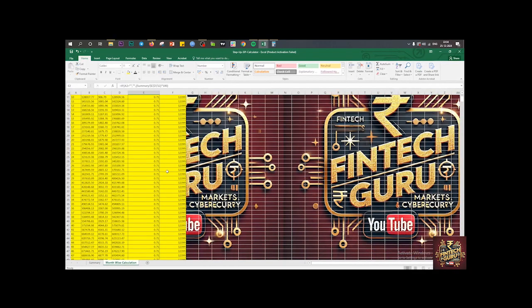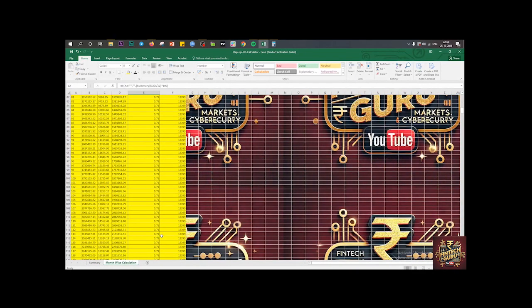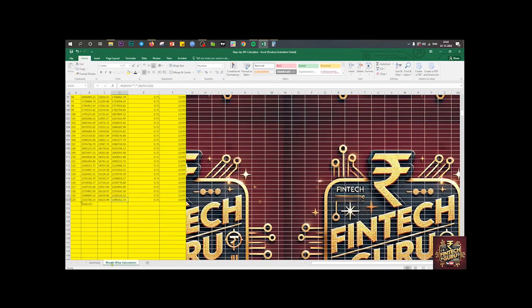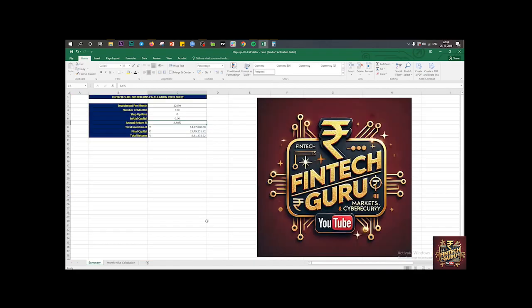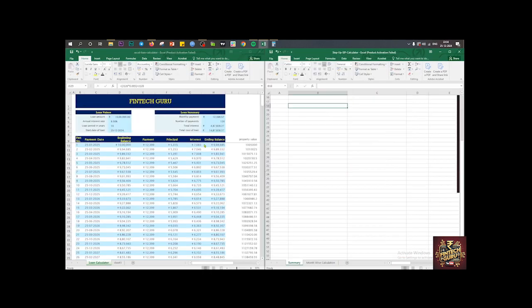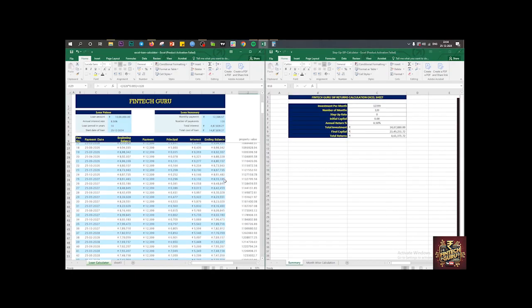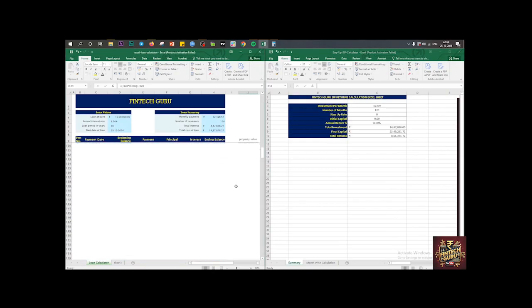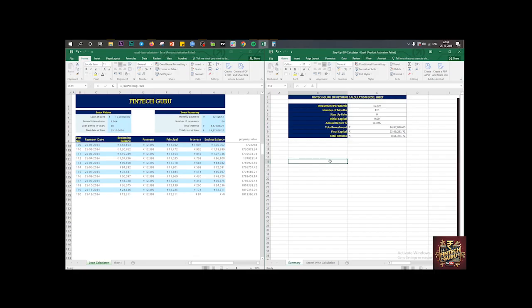So finally, your investment value will be around 23.49 lakhs, as we already saw. You are having about 18.19 lakhs of property, and here it is about 23.49 lakhs.